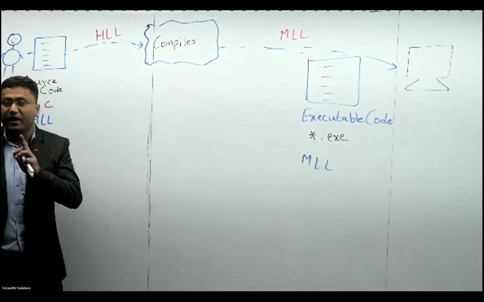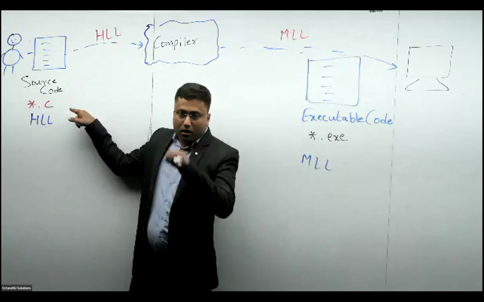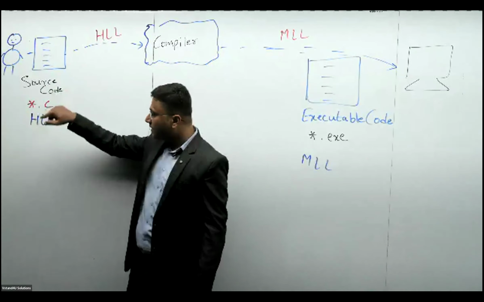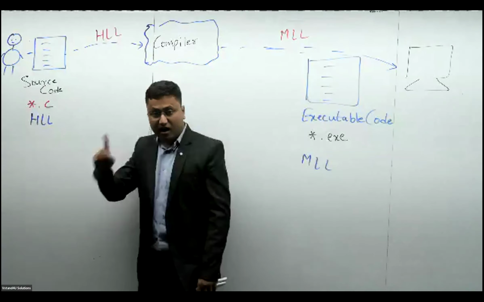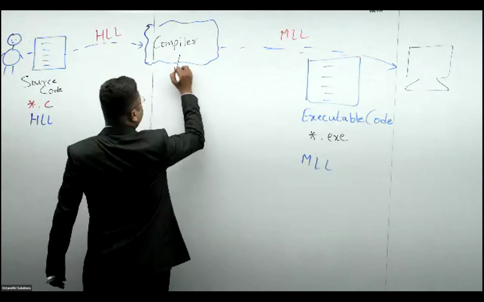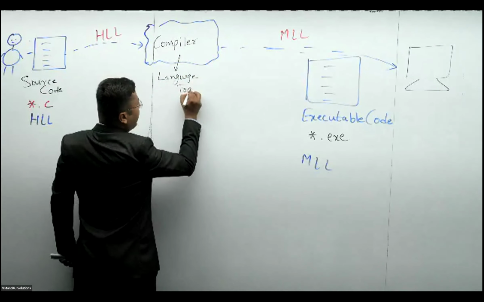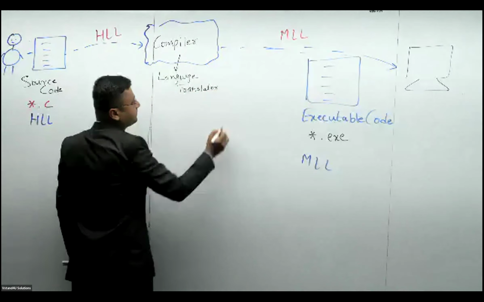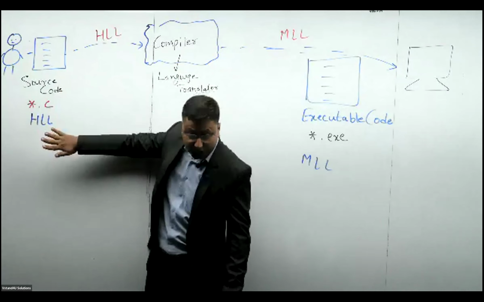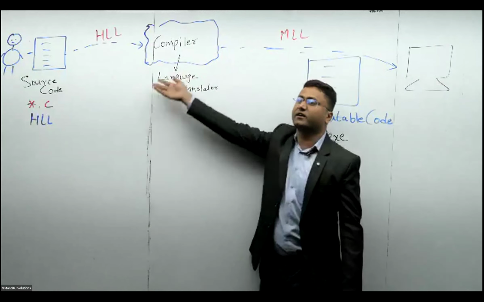Understanding? Everybody? Being a programmer, I wrote source code, with any name, star dot c, in high level language. A software component acting as a language translator, the compiler, processed this file and converted it into machine level language.